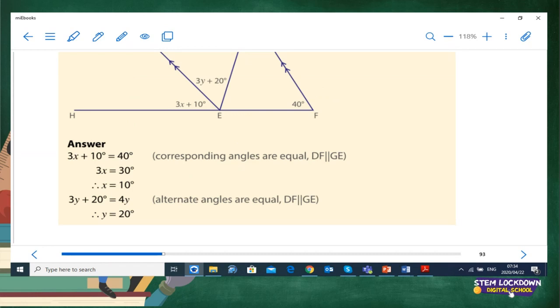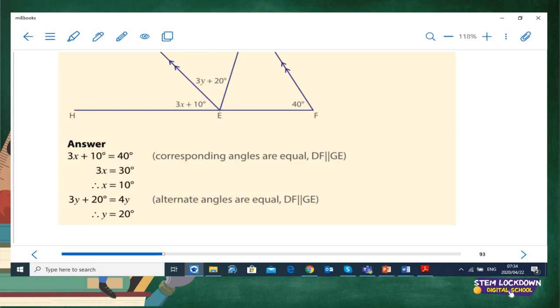So as indicated, we have said that 3x plus 10 degrees is equal to 40 degrees. And of course, if you transpose 10 degrees from the left-hand side to the right-hand side, you will have 40 minus 10, which gives you 30 degrees.